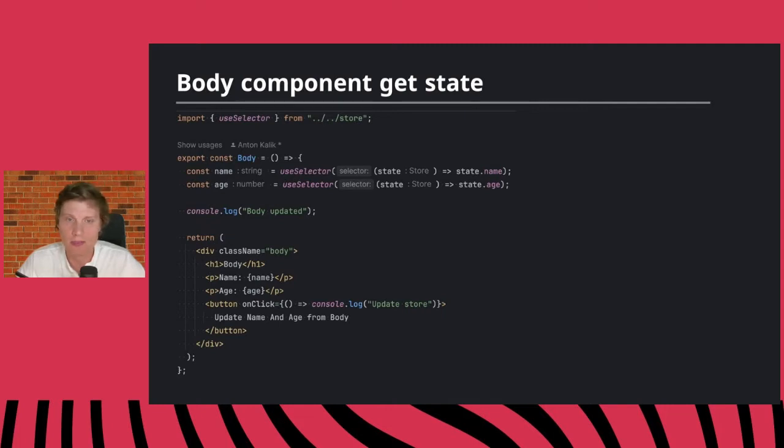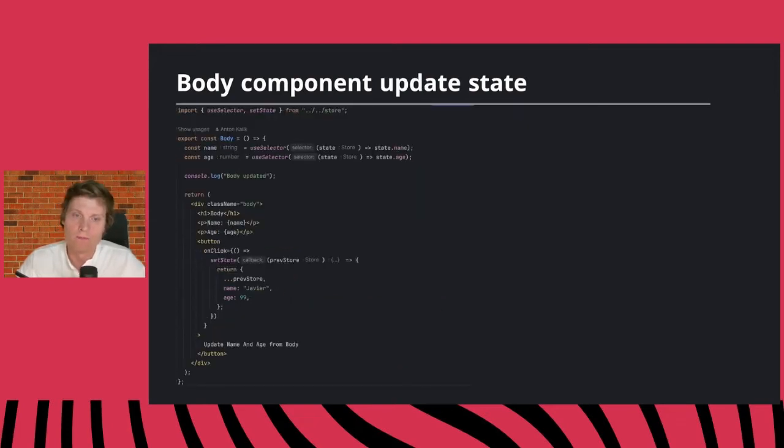Now let's try to see how exactly we're going to update the store. So here you can see that we need to get the setState from our store, and literally we can do absolutely the same as we do with the setState from React.